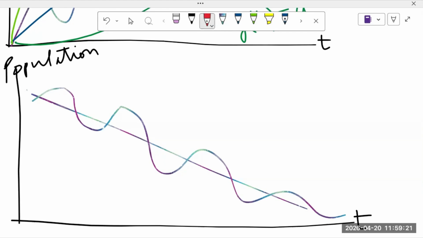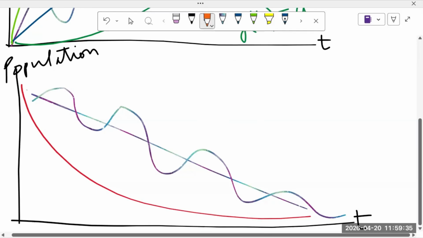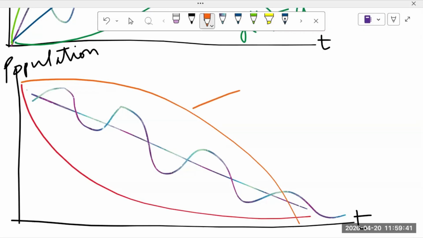And of course, you will see this kind of decay. Also, you may see this kind of decay. Now, this kind of decay is called logarithmic, of course.